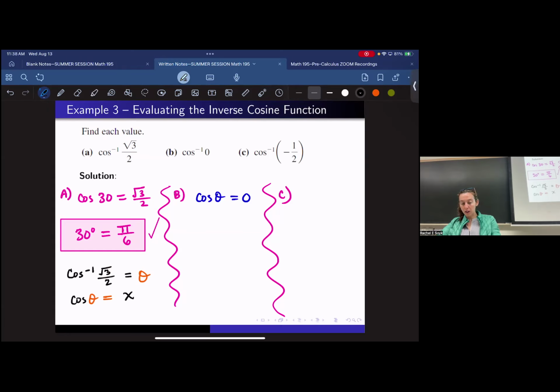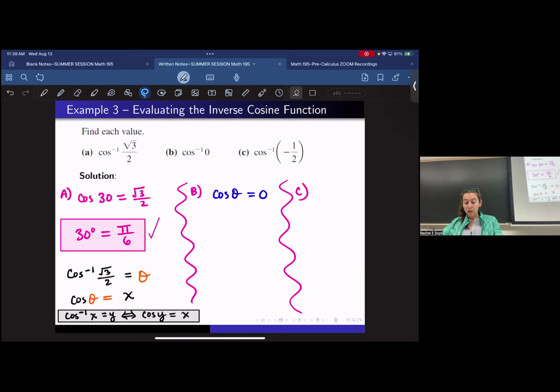And that's just by our definition of inverse: cosine inverse of x is equal to y implies that cosine of y is equal to x. So that's what we're doing, that whole manipulation.